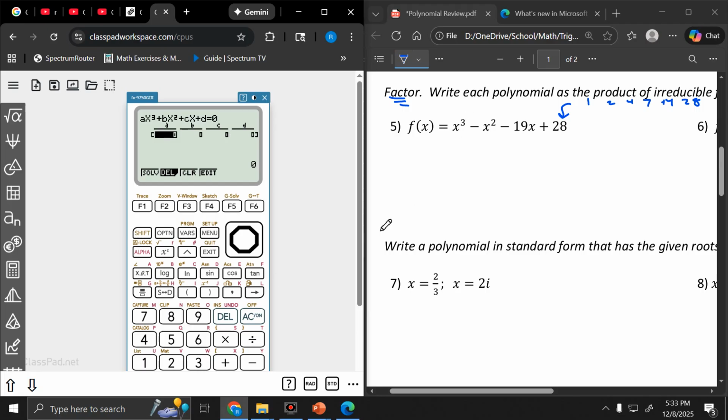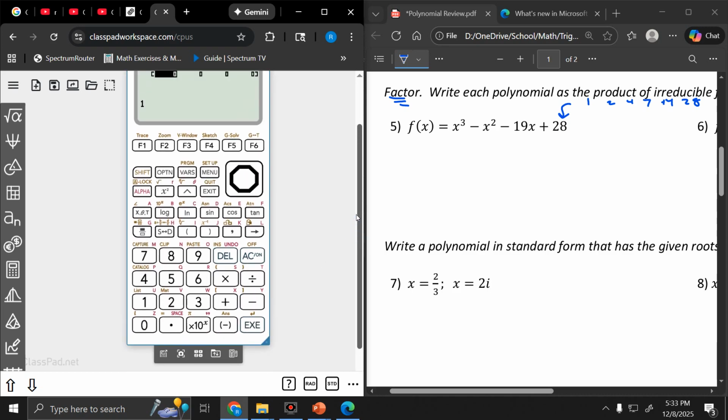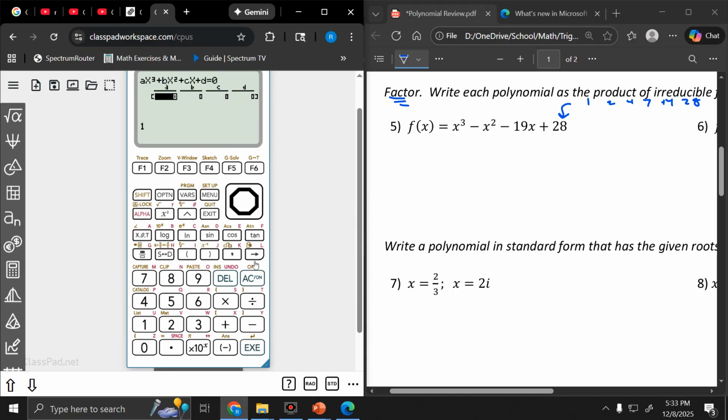Those would be the numbers in front. So 1, -1, -19, and 28. I'll solve it. Now I don't care about the decimal ones, I care about this 4.